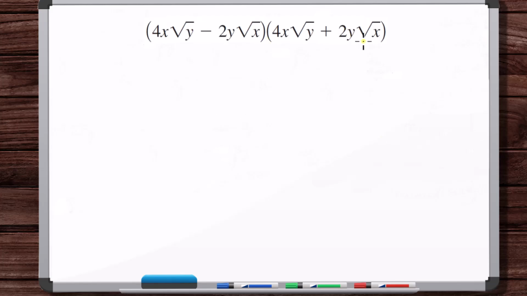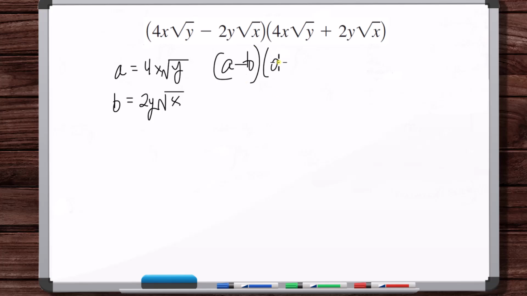Look, we have conjugates again. If a is 4x root y and b is 2y root x, then you see it's a minus b times a plus b.